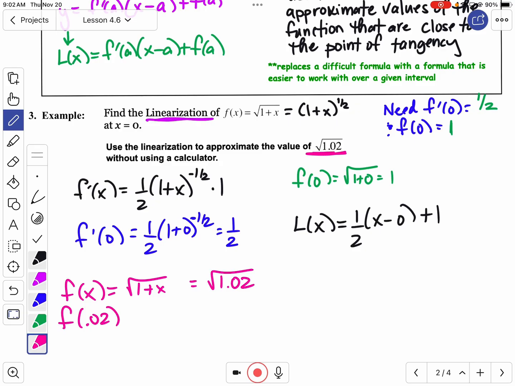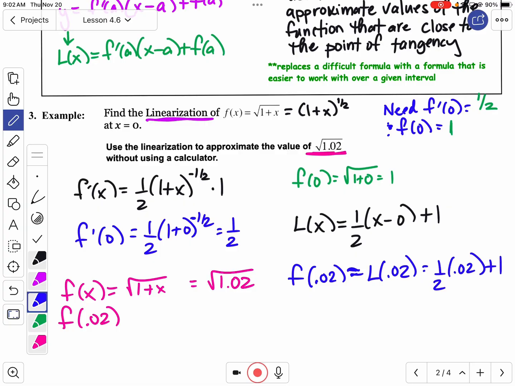So f at 0.02 is approximately my linearization at 0.02: 1/2 times 0.02 plus 1. That should give us 1.01.